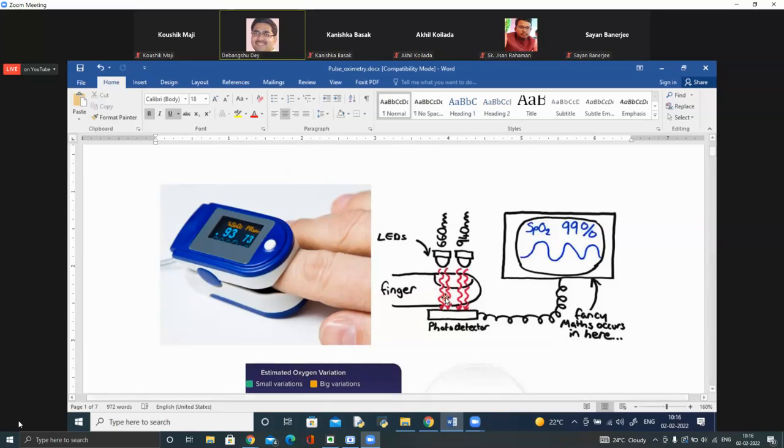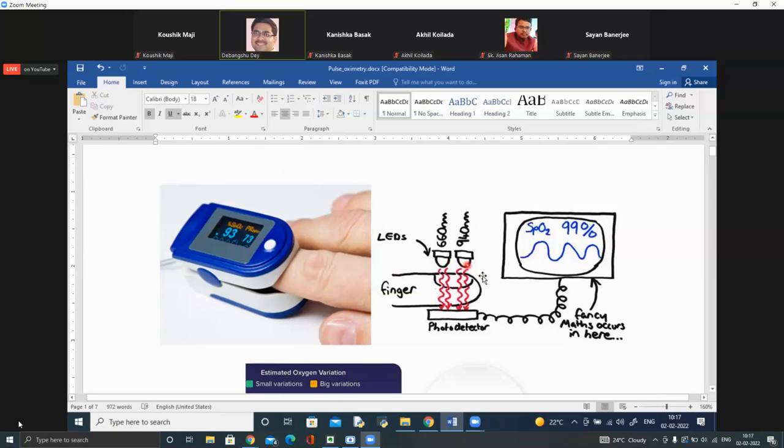But as I have said this, if you are at all listening, there are some very common questions that may arise. For example, if there is a thin person and a fat person, if the finger is thin, then the path is small, so the amount of light passing through may be of high intensity.